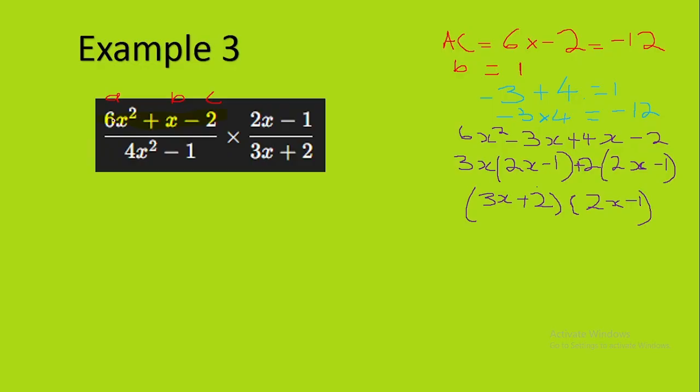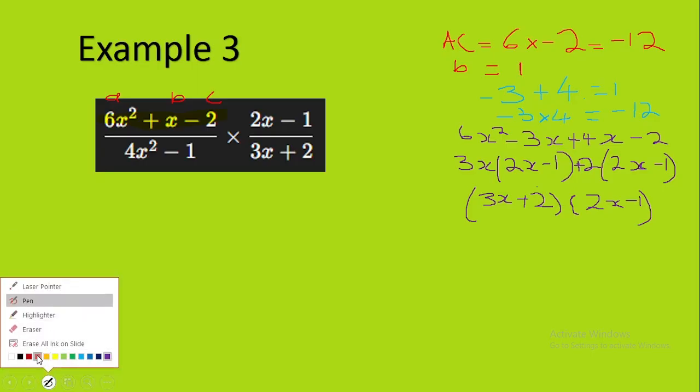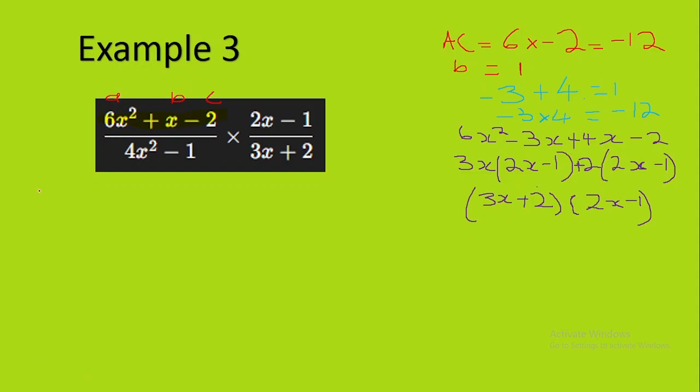So now that we have factorized our quadratic expression using the AC method to get the two terms, let's quickly write out the factors so we can simplify these two fractions and get our final answer. So let's write the factors right here.